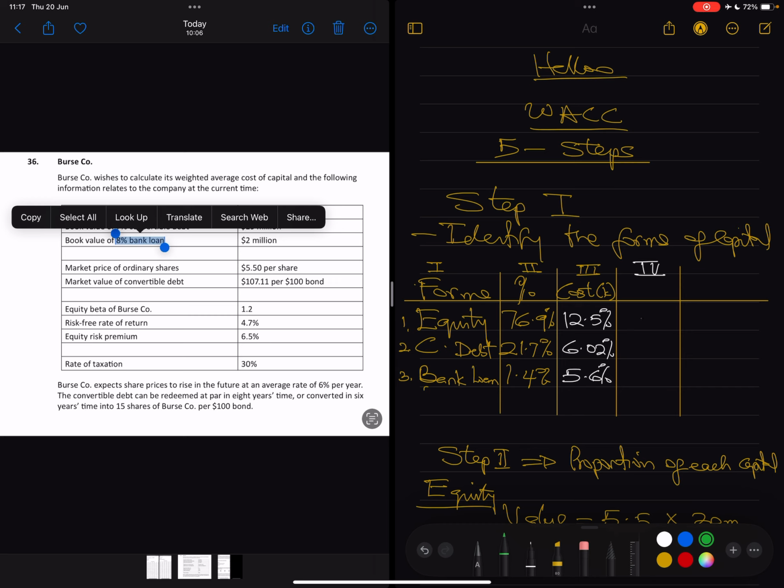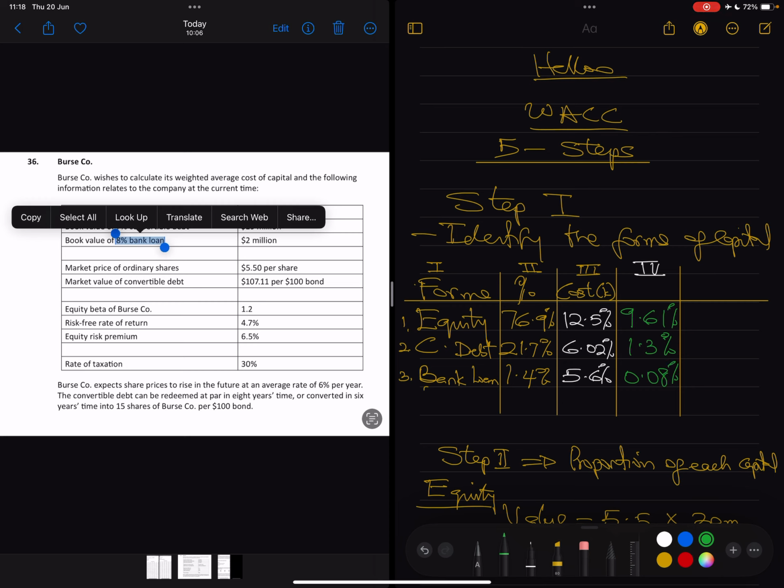That gives 9.61. And do 0.217 times 6.02, 1.3%, and 1.4 times this as well. I have 0.08%.